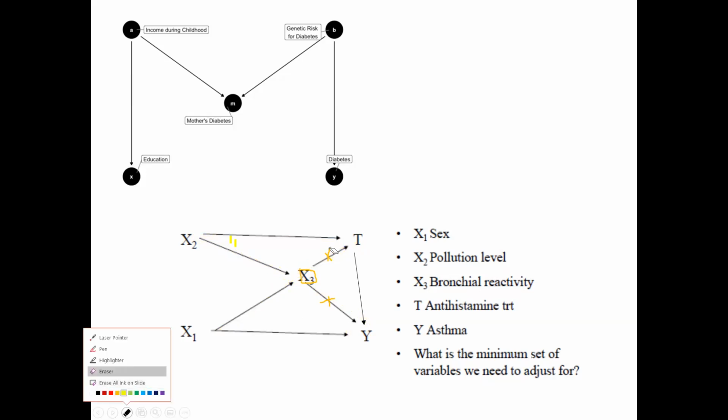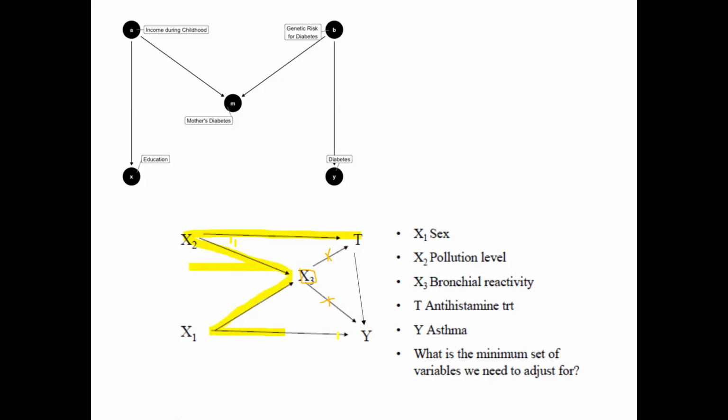What else do I have? I have the path T, X2, X3, X1, Y. This one used to be blocked, right? Because if I didn't adjust for X3, it was already blocked.